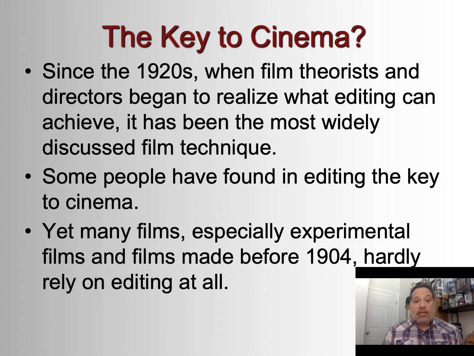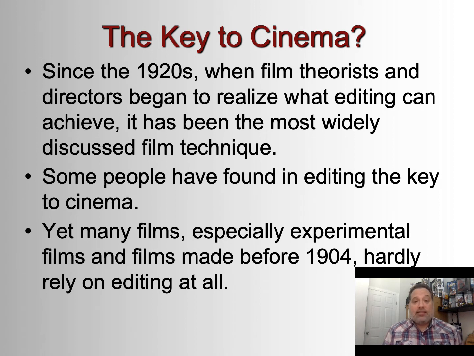Photography's been around since the middle of the 19th century. The stage has been around for thousands of years. Drama, acting has been around for thousands of years. Dance, music, all of this stuff already exists as its own art form. It's just being combined to make cinema.